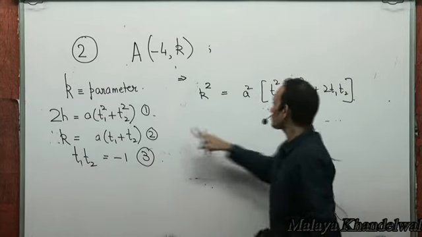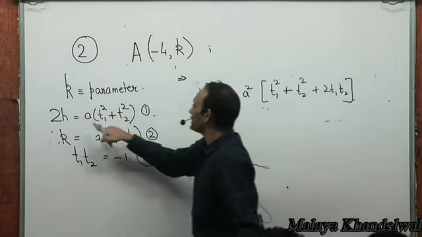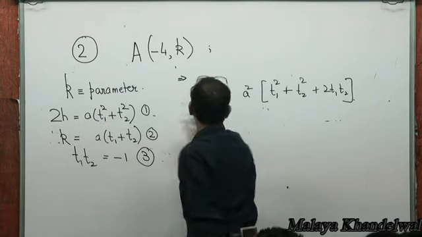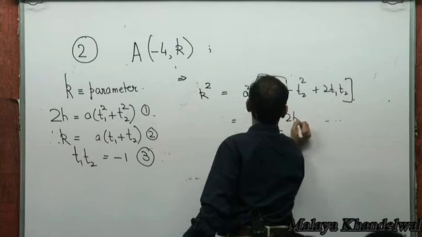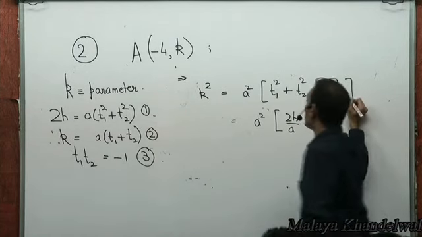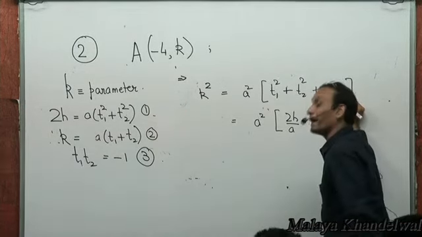And t1 squared plus t2 squared I can write as 2h by a, and t1 t2 I can write as minus 1.